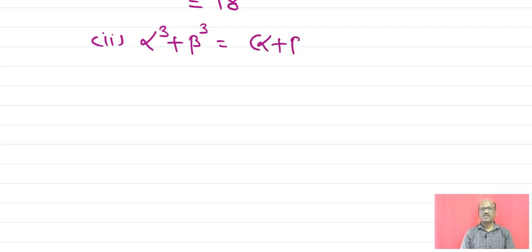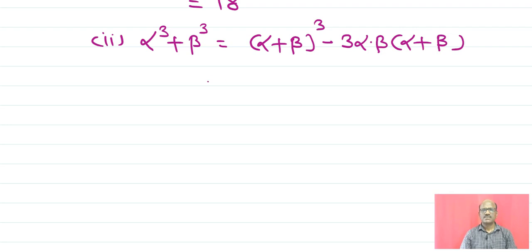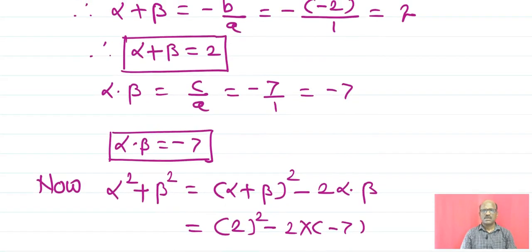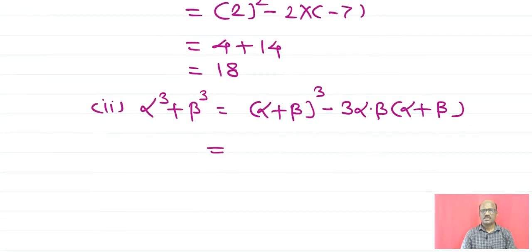It is equal to (alpha plus beta) bracket cube minus 3 alpha into beta in bracket (alpha plus beta). Alpha plus beta is 2, alpha into beta is minus 7.